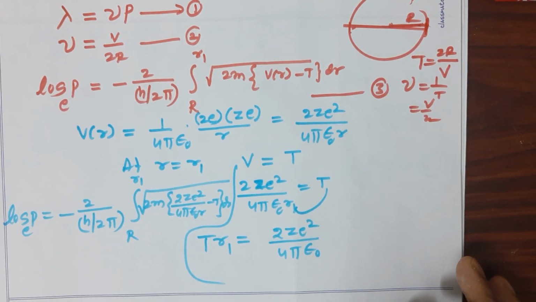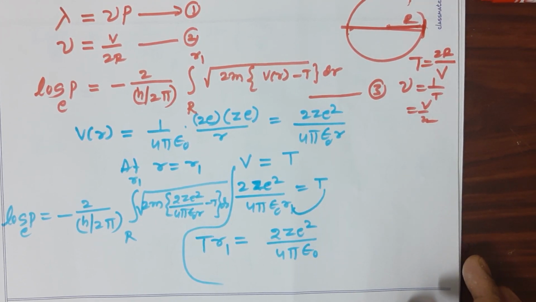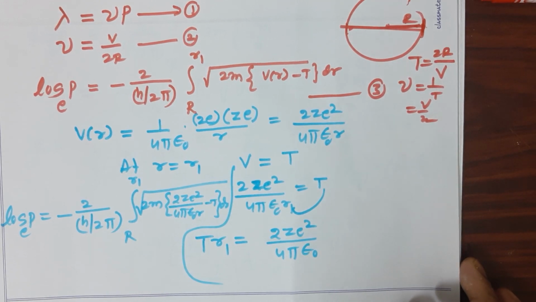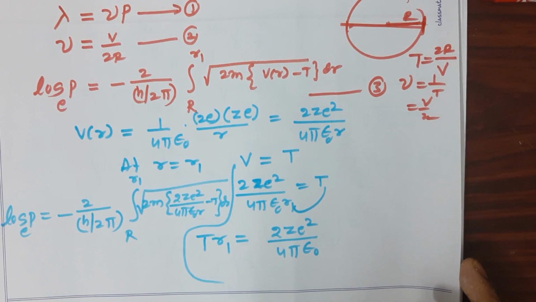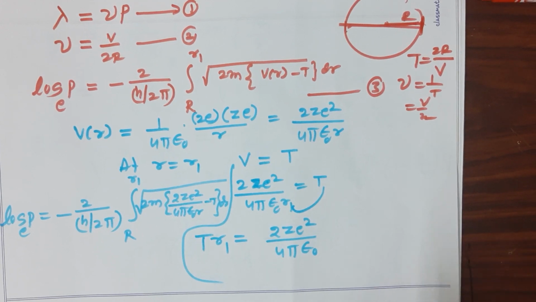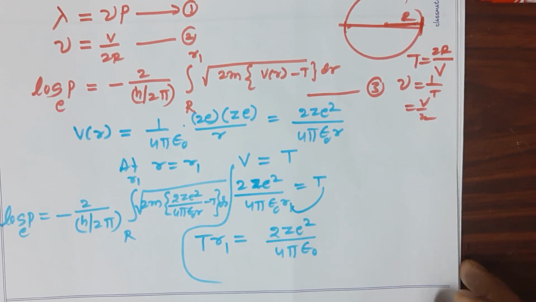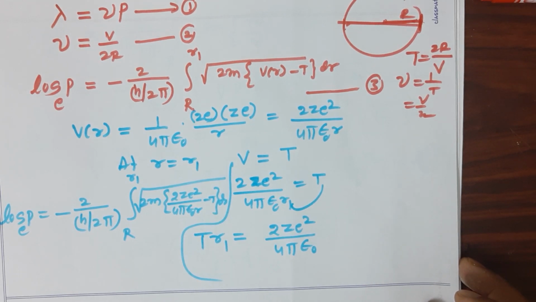Yes, what is Gamow's theory of alpha decay? According to Gamow's theory, the alpha particle has wave nature because a de Broglie wave is associated with it.